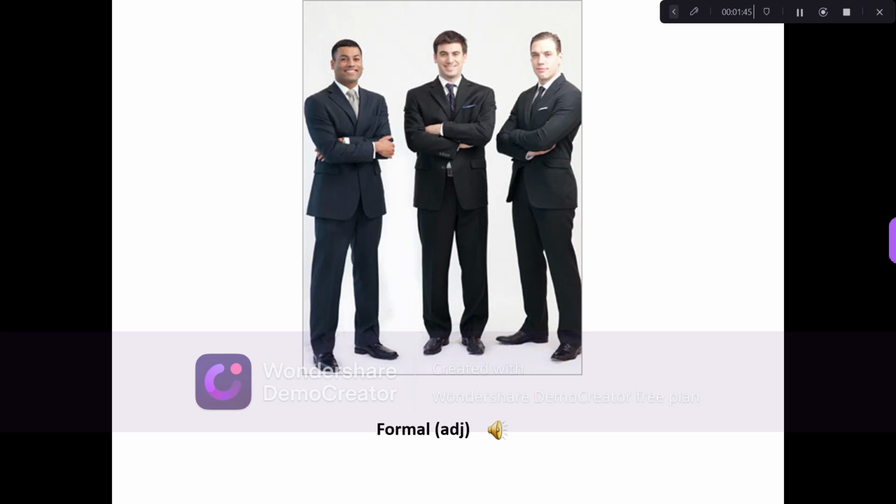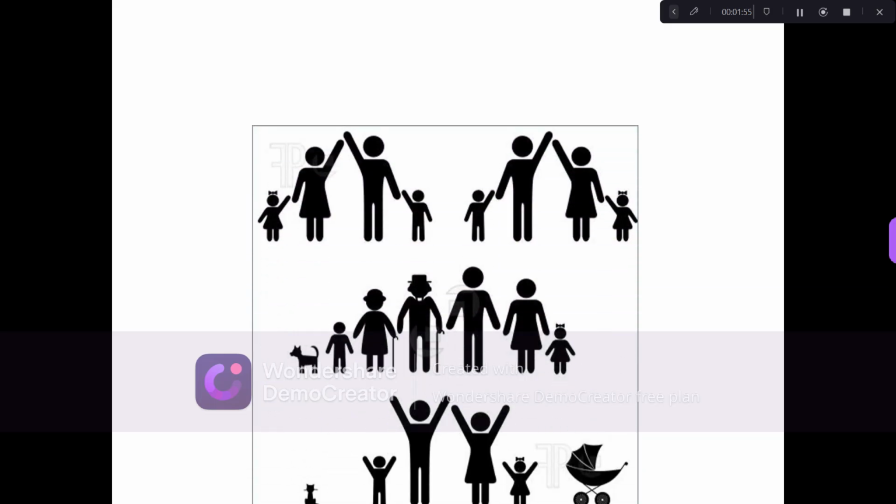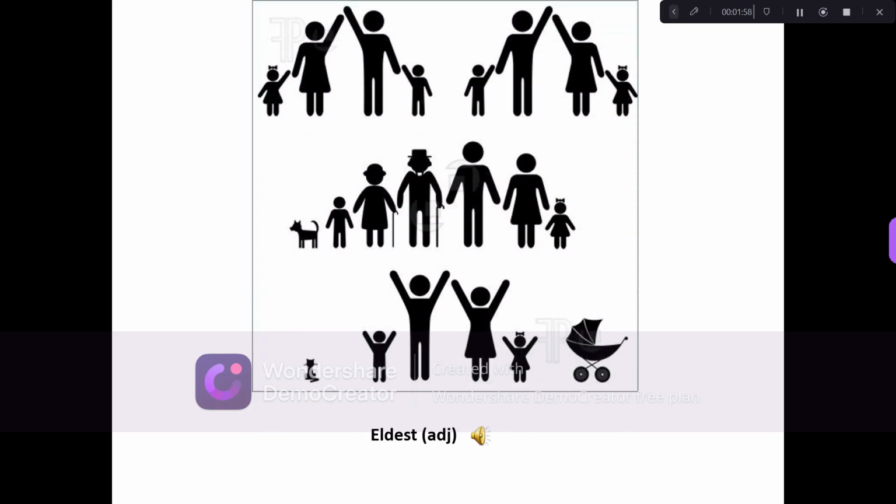Formal. Formal is a type of life. Let's say I can wear formal clothes or I can be formal. Eldest. Eldest is an equivalent word for older, which means the eldest one, the older one.